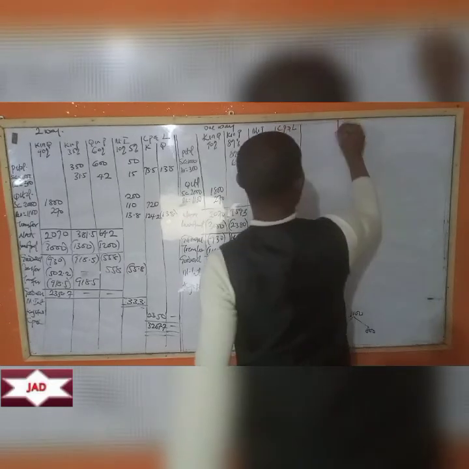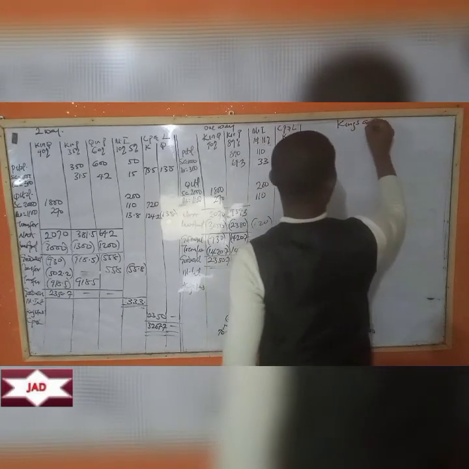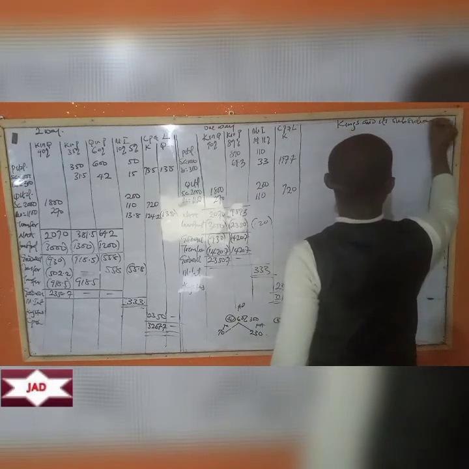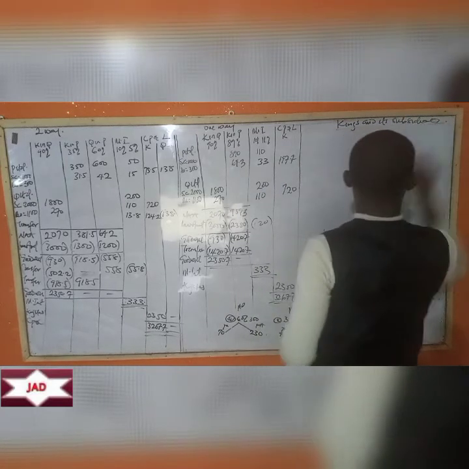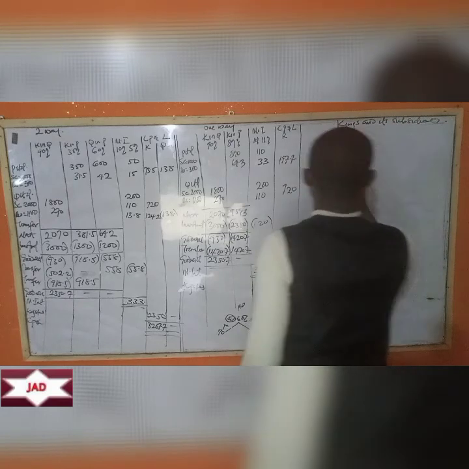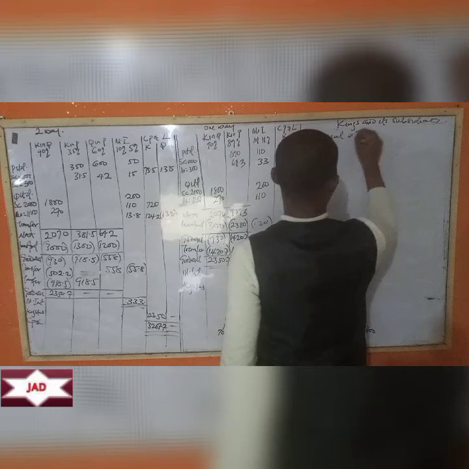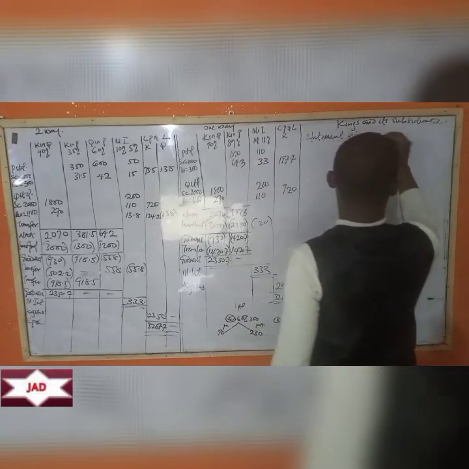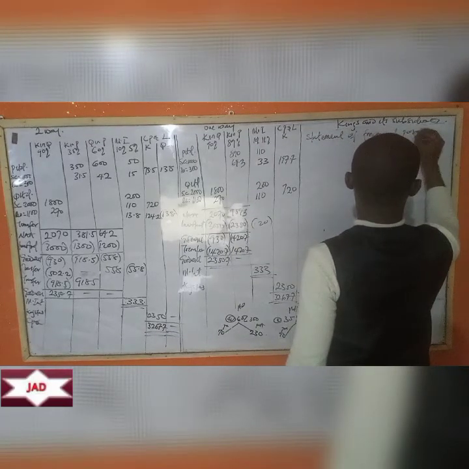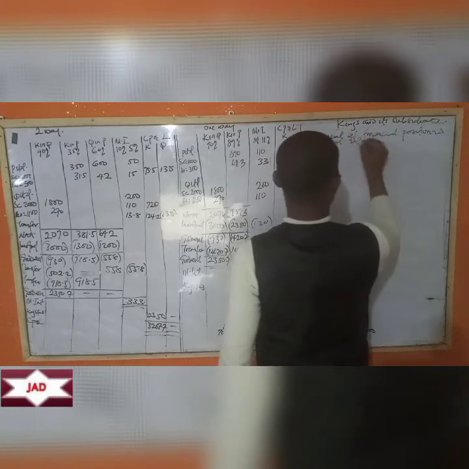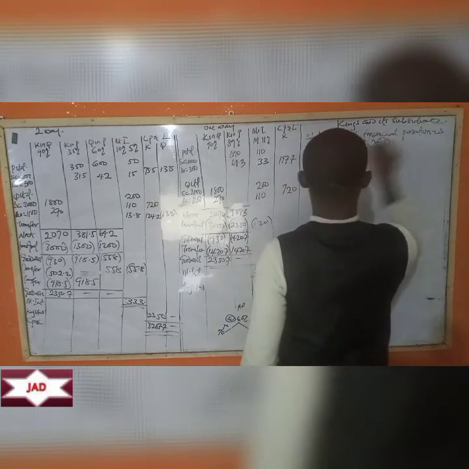So we see what? Kings and its subsidiaries. Statement of financial position as at 31st December 2019.